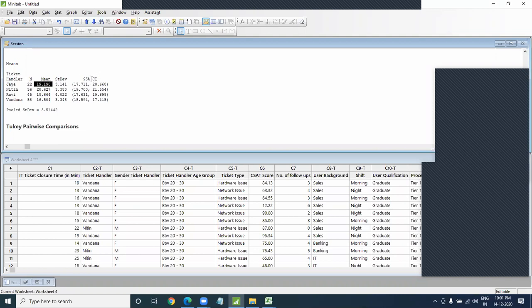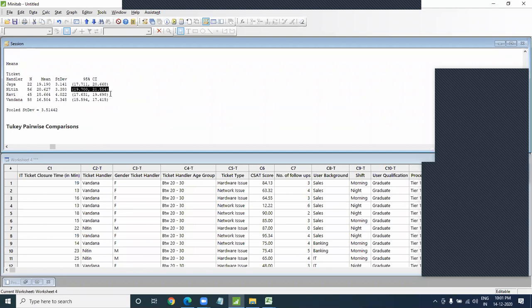But we're 95% confident that her ticket closure time will range between 17.7 and 20.6. She could go as low as 17.7 and as high as 20.6. That's for Jaya. Nitin has 56 samples in this data, with an average of 20.6.